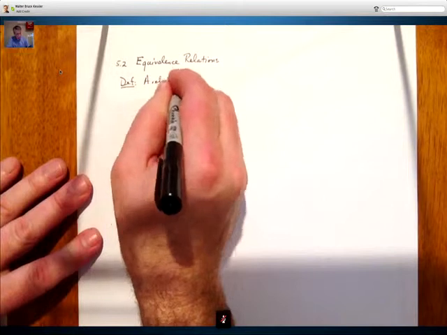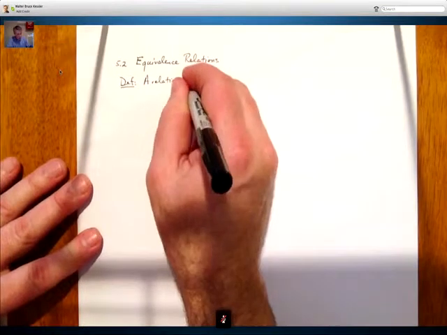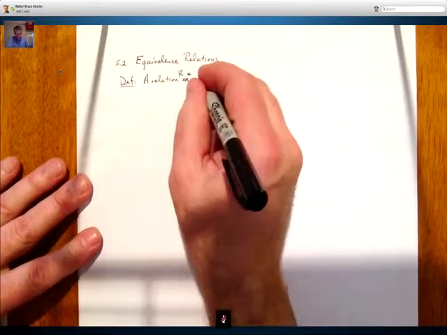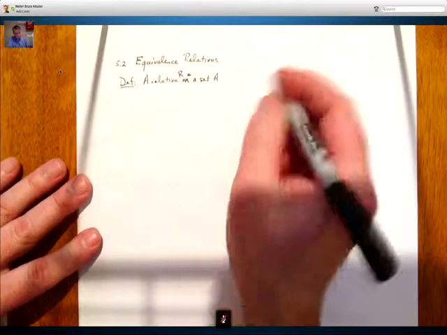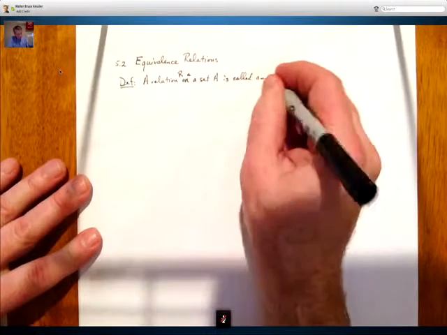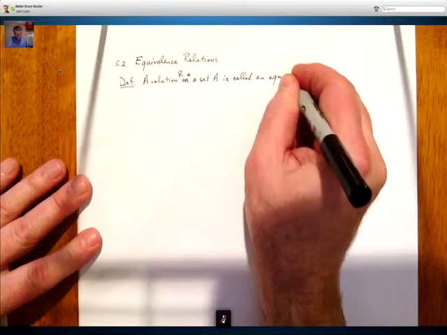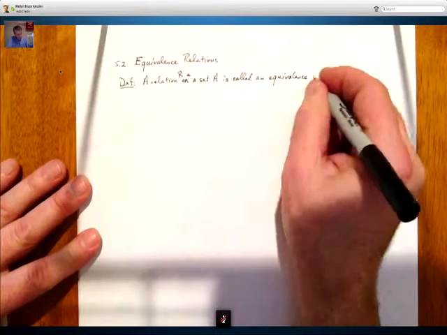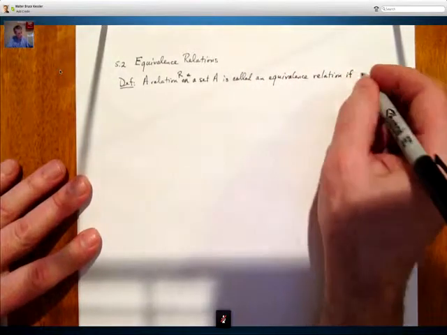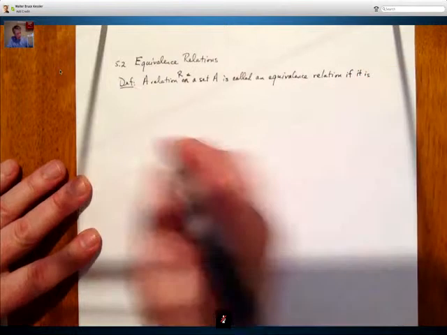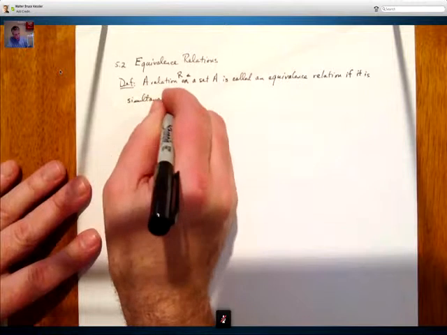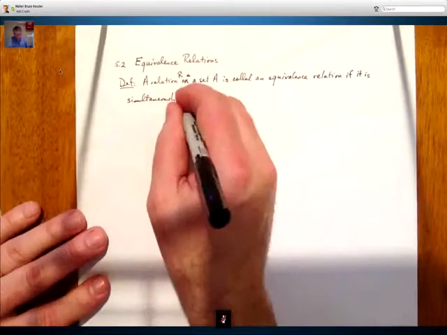A relation on a, and I need to call it some R, on a set A is called an equivalence relation if it is simultaneously reflexive.